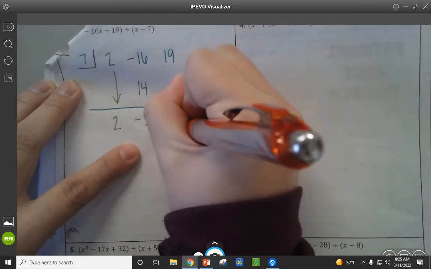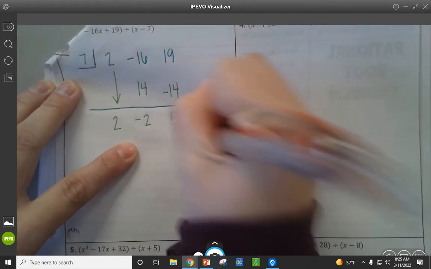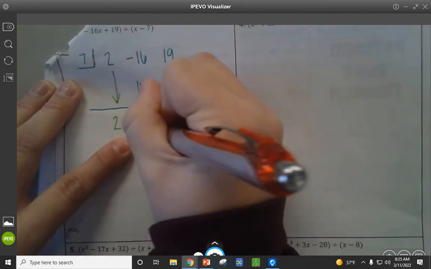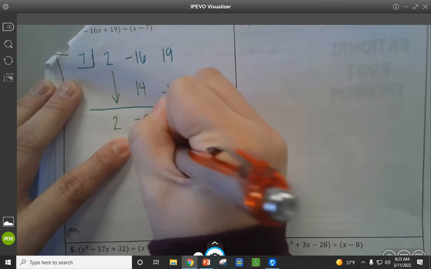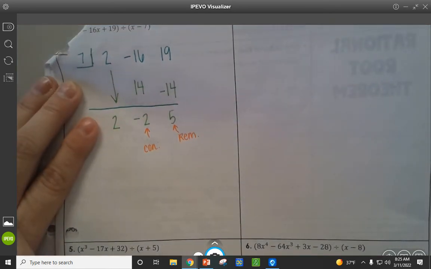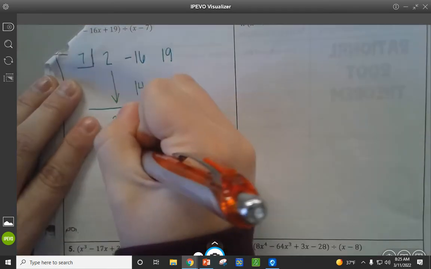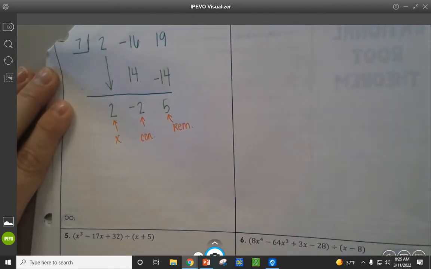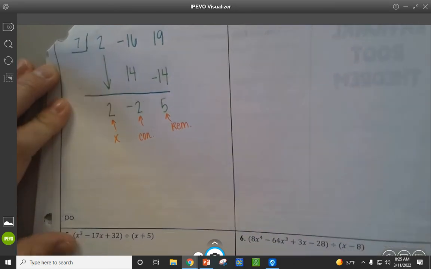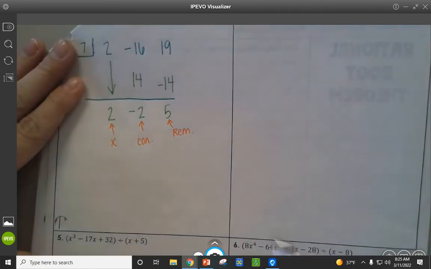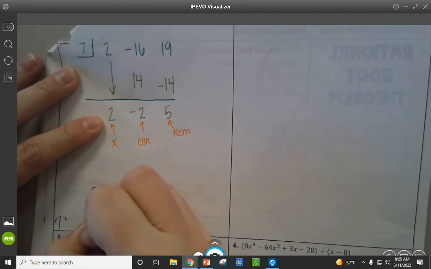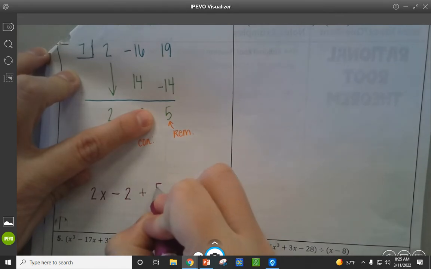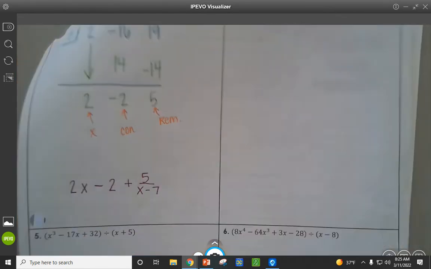The far right number is always your remainder. The next number is always your constant, so it doesn't get a variable with it. And then the next number gets an x put with it. So when I divide, my final answer is 2x minus 2, and then your remainder goes over that x minus 7.